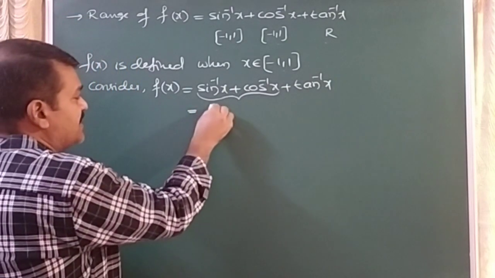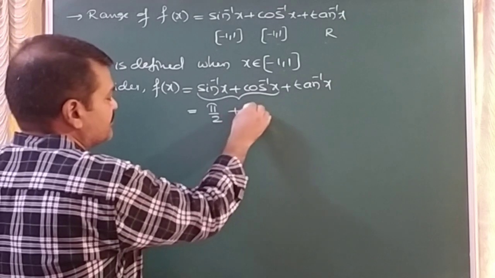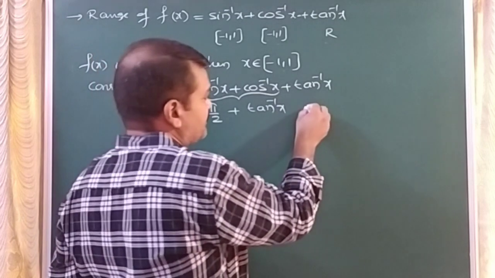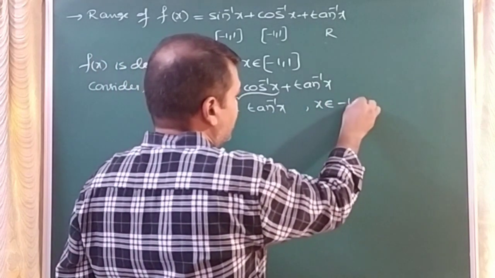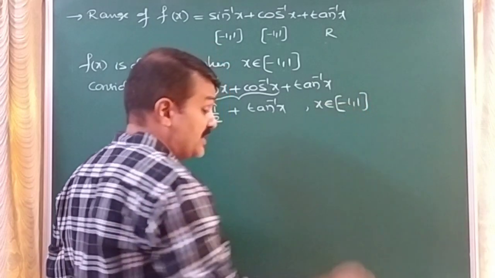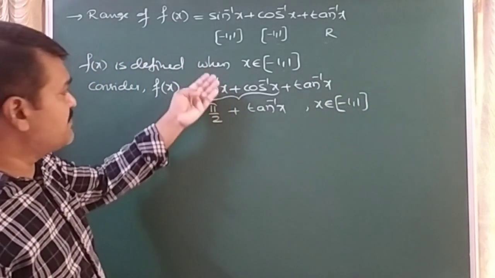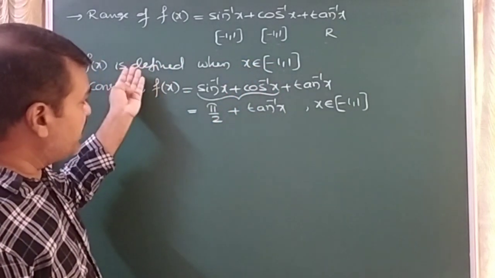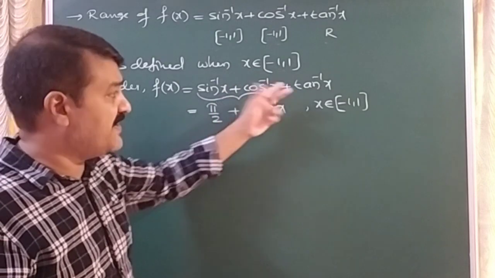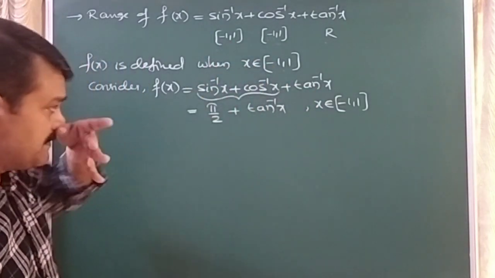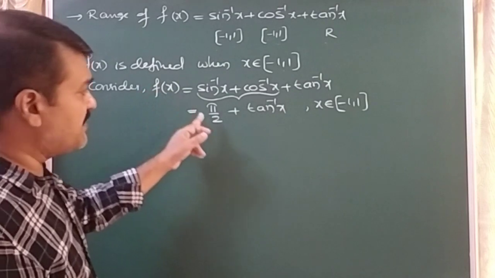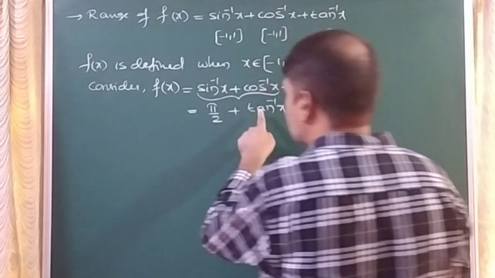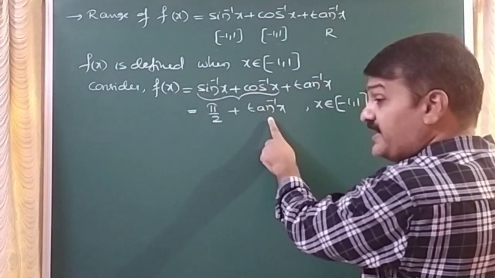Sin inverse x plus cos inverse x is pi by 2 plus tan inverse x as is. But of course, this formula is applicable only when x belongs to -1 to 1. Of course, here x belongs to -1 to 1 itself is the domain of the function. Formula is defined for this one. Both are matching, no problem. So f of x we got as pi by 2 plus tan inverse x. So f of x has only one variable function now.